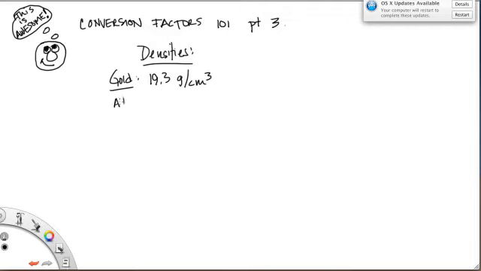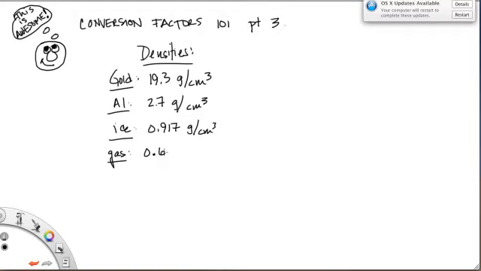Aluminum has a density of 2.7 grams per centimeter cubed. Ice has a density of, I think, 0.917 grams per centimeter cubed. Gasoline has a density of about 0.66 grams per centimeter cubed.